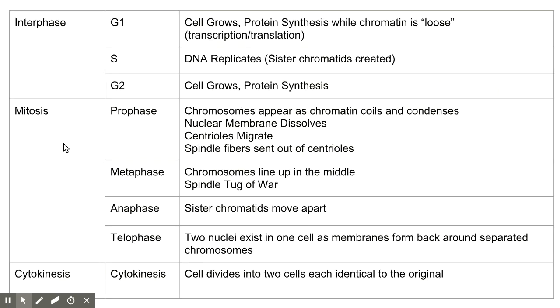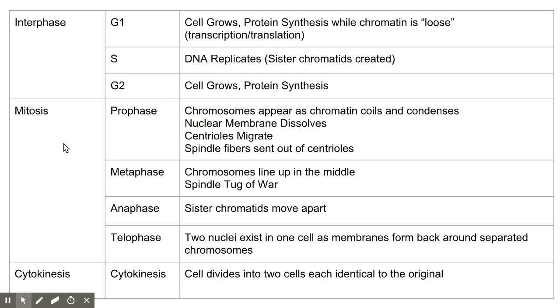Okay, so again, if you look at it in a chart, we've got interphase, we've got mitosis, and we've got cytokinesis. Interphase is G1, S, G2. Mitosis is PMAT: prophase, metaphase, anaphase, telophase. G1 is grow, S is replicate, G2 is grow again.